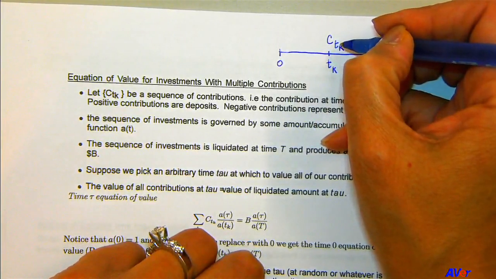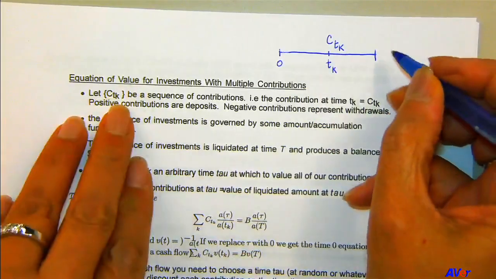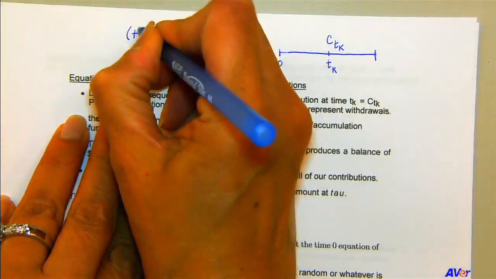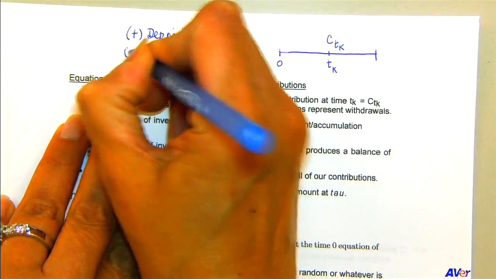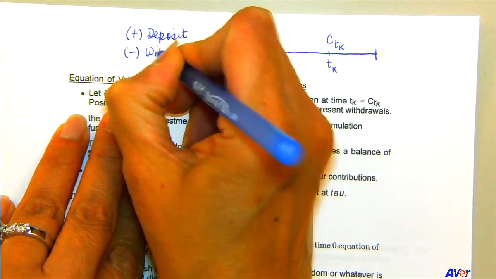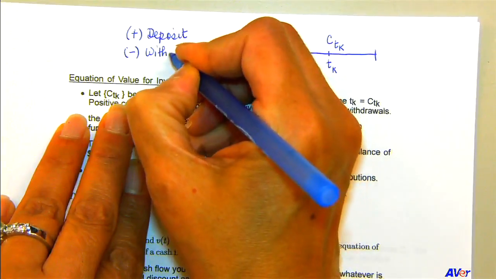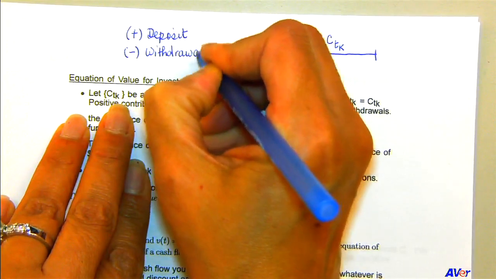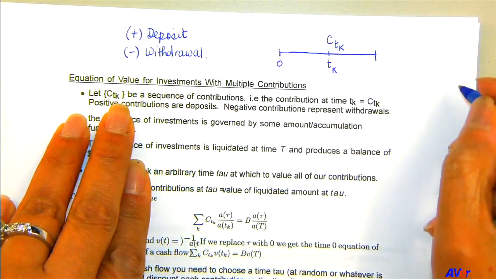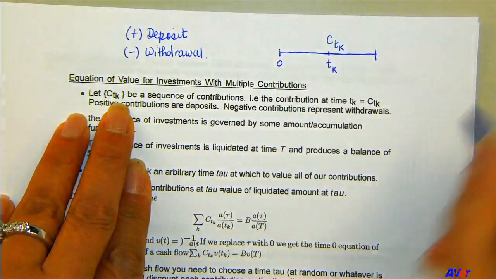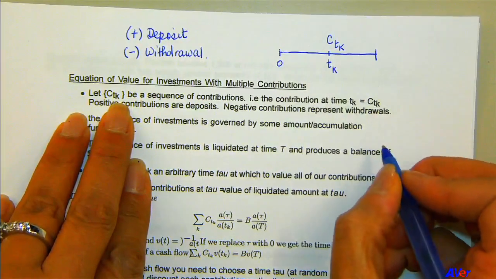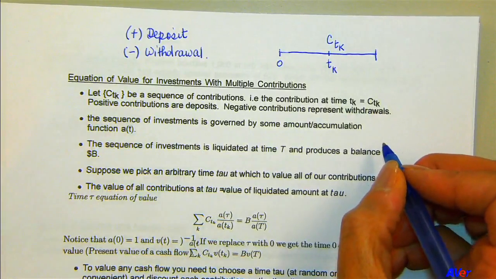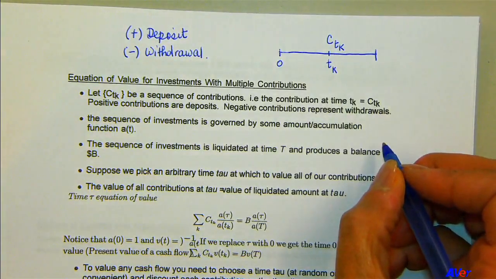Positive contributions are deposits, so everything positive will be a deposit, and everything negative will be a withdrawal, as usual. Negative contributions represent withdrawals. The sequence of investments is governed by some amount or accumulation function A of t.